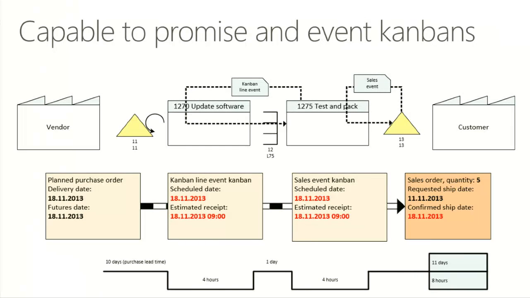One fundamental difference between using Kanbans for this and firming production orders is that if you enter a sales order line with a wrong quantity and you adjust the quantity, it would just go back and readjust the Kanbans. It would even delete Kanbans, removing them just when you change them. Whereas if you're using production orders and the firming fences there, it would not automatically unfirm the production order. You would get an action message saying you don't need that anymore, and we need to react on the action message.